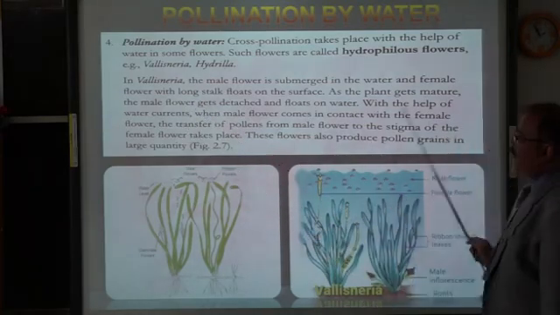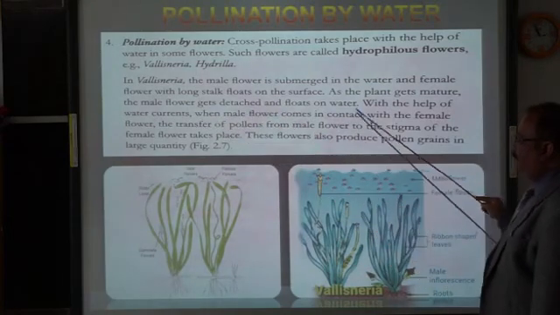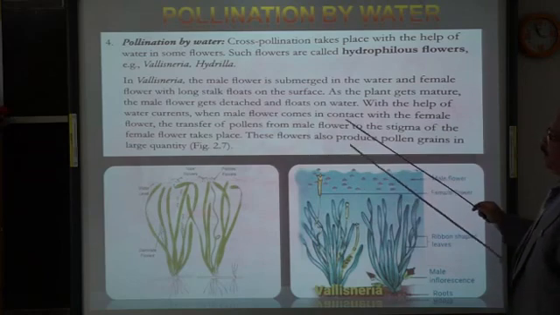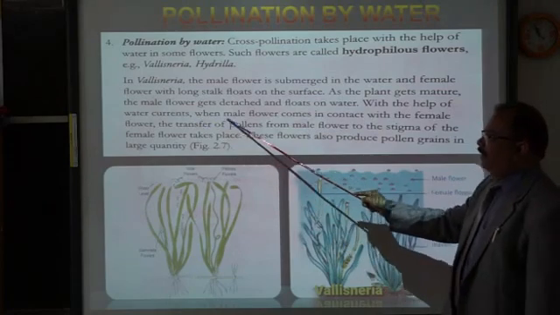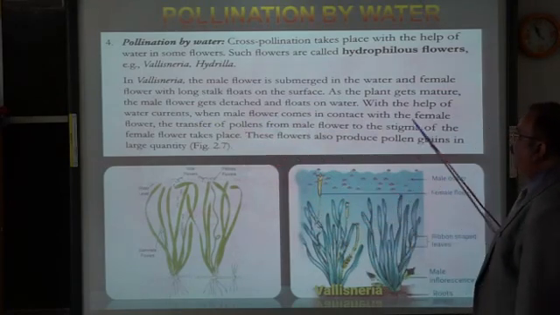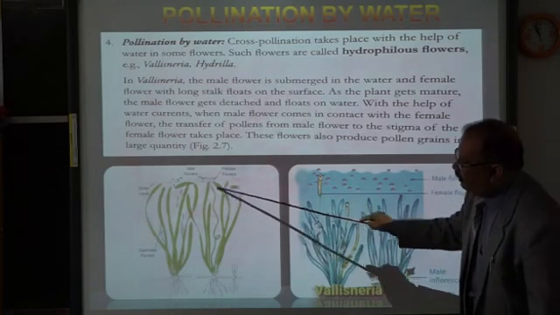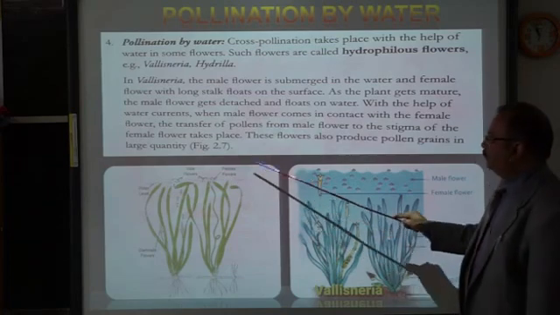As the plant gets matured, the male flower gets detached and floats on the water. So from here it goes and it is floating on the water surface. With the help of water current, when the male flower comes in contact with the female flower, this is the female flower here, okay, it is a pistillate flower, that means female flower.